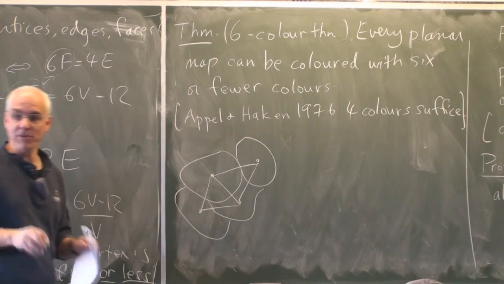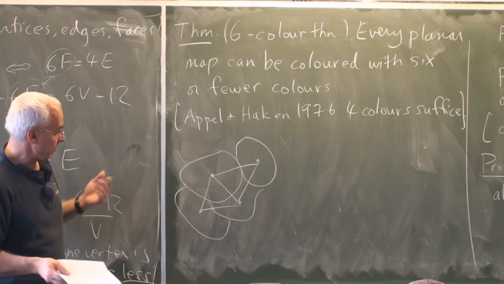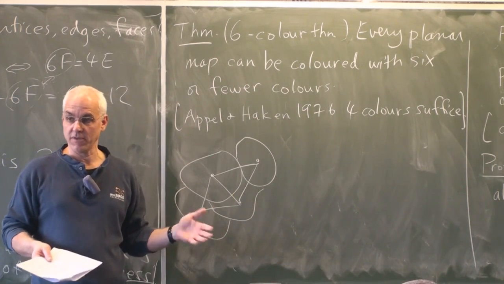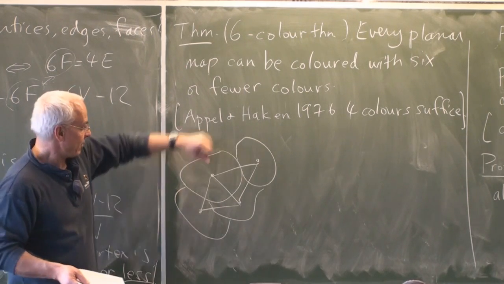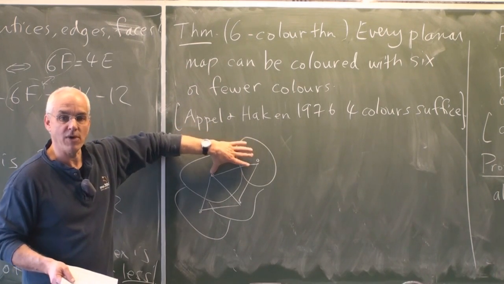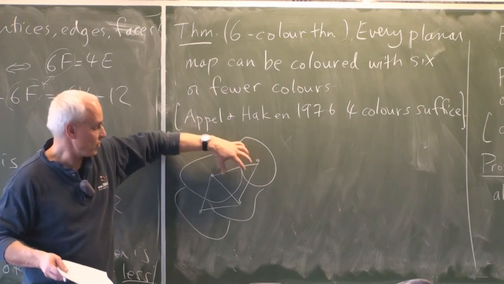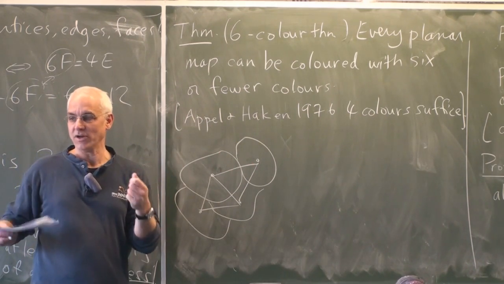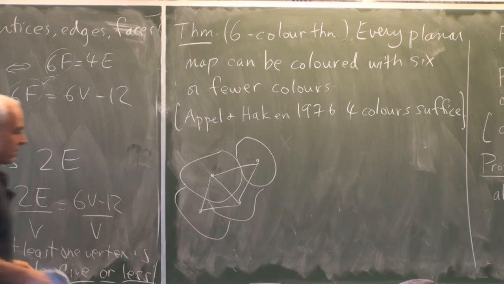Then we can forget about the map and just concentrate on the graph, which is somewhat simpler. And then what it amounts to is saying that we can color the vertices of the graph with 6 colors so that the 2 vertices on the ends of every edge are a different color.